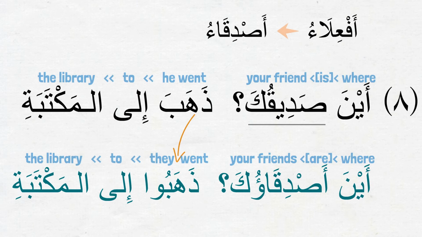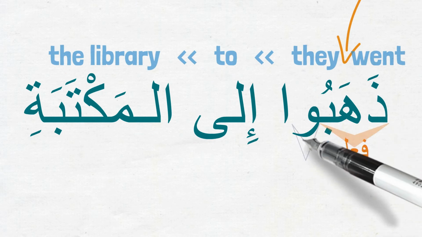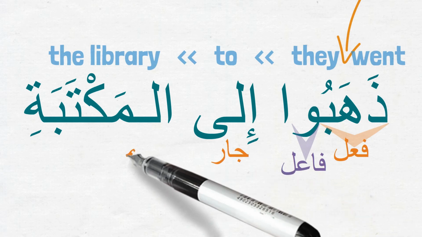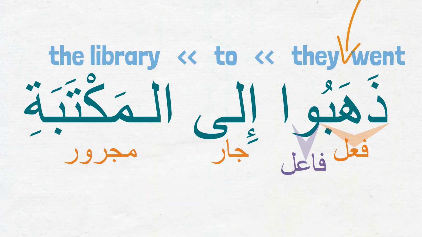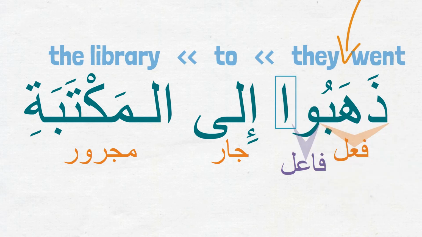The response is a فعلية sentence. The فعل is ذهبوا, part of the verb without the letter الواو, and the letter الواو is coming as the فاعل or the doer. And إلى المكتبة is جار ومجرور. You may have noticed that there is an alif at the end of the word ذهبوا, but we did not pronounce that. It is not even part of the fa'il. You may be wondering why it is there then.